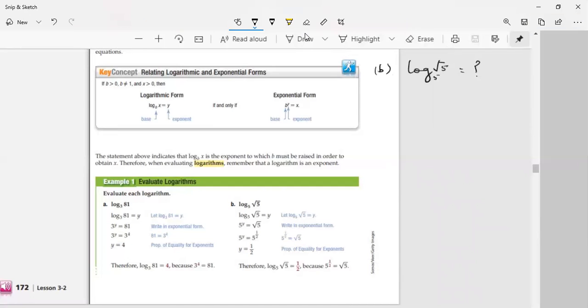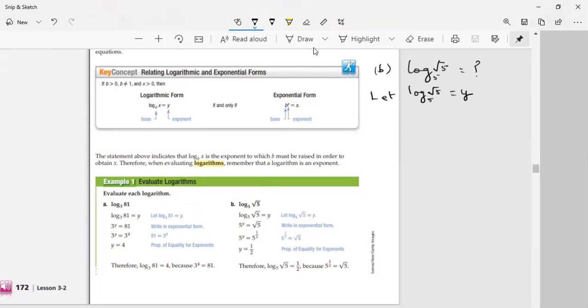Okay. So similarly to what we have done in the previous question, in the same way we will let this log root 5 to the base 5 is equal to y. You can take x or y.